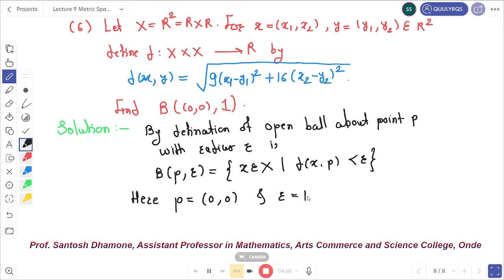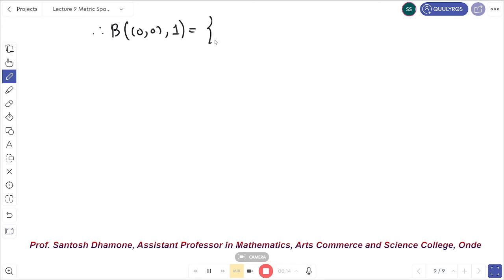Therefore, the open ball about the point (0, 0) and radius 1 is equal to the set of (x1, x2) belonging to R² such that the distance between (x1, x2) and (0, 0) is less than 1.